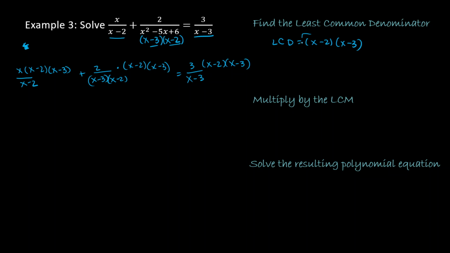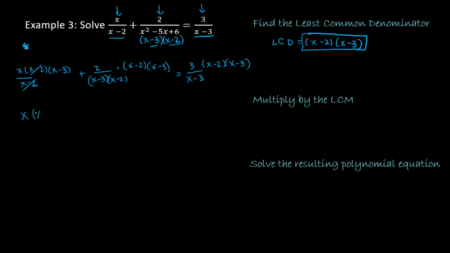So I'm going to take this LCD and multiply it by all 3 parts. I've got to multiply it by the entire equation. Now, when I do so, things in the numerator and the denominator, the factors, can cancel and reduce.